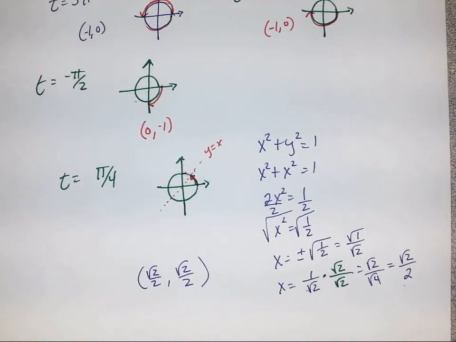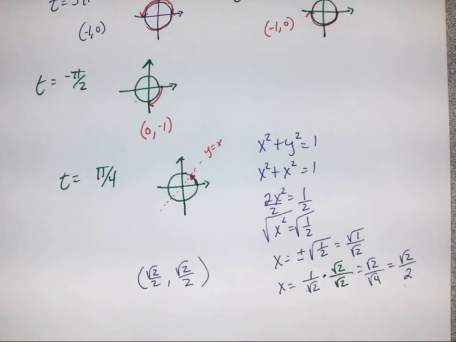So that's how we can figure out some other pieces and parts that are not just on the x and y axis. There are some special terminal points that are determined and understood to be in those.